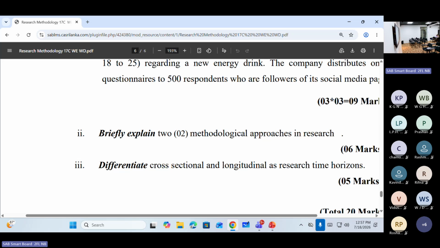Challenges for adapting computerized accounting systems in small and medium practices. That means small audit firms. Small and medium practices.